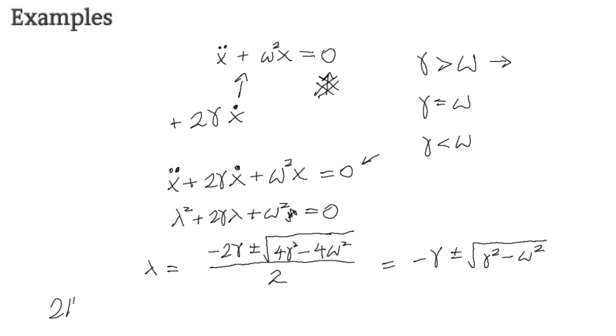So two real solutions lead to a e to the lambda 1 t plus b e to the lambda 2 t, with the two lambdas separated by subscripts 1 and 2, which is the general solution. And we can tell this is an exponential form. So we get an exponential solution.